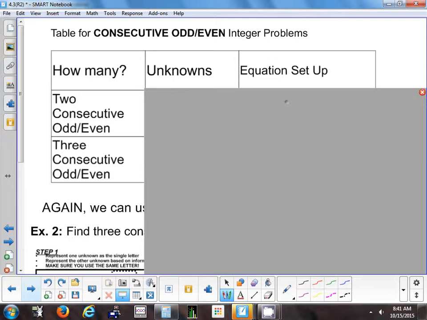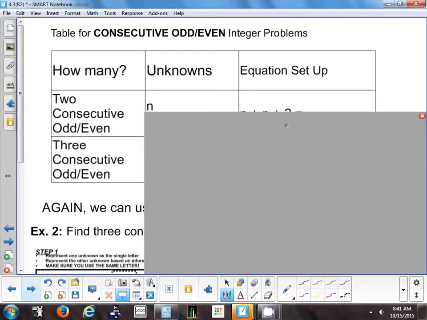We agreed at the very beginning, we're always going to let our first unknown be represented by N. Then to get from that first consecutive odd or even to the next, what do we have to do?